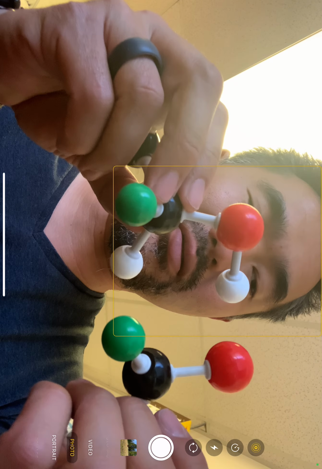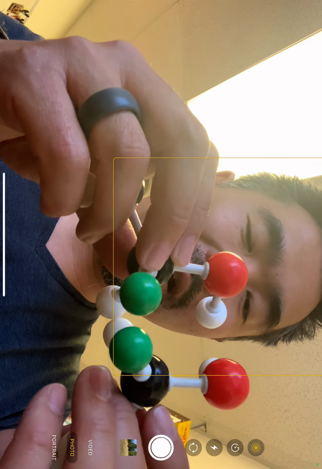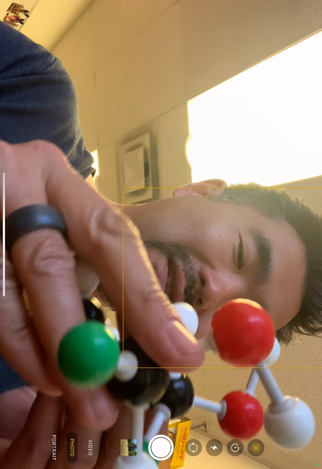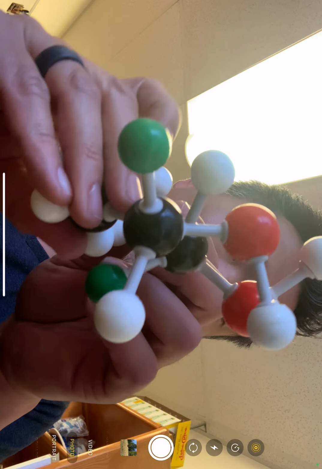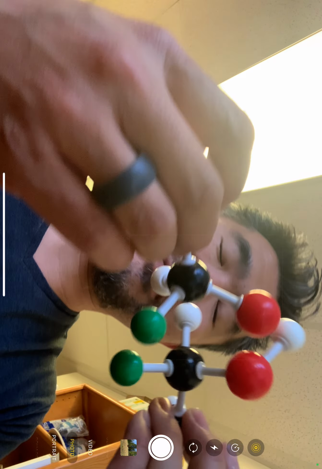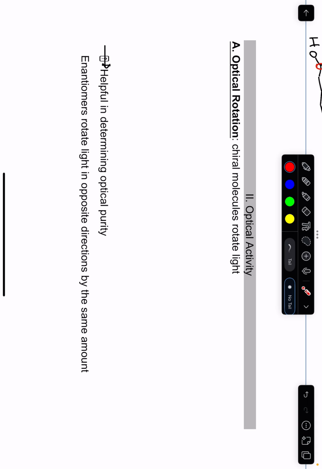So these are 2 mirror images of each other, and hopefully you could see that, and yet they're not the same, they're not identical, right? They're not superimposable when you try to superimpose one on top of the other. So these are mirror images of each other, and these are enantiomers of each other, right?